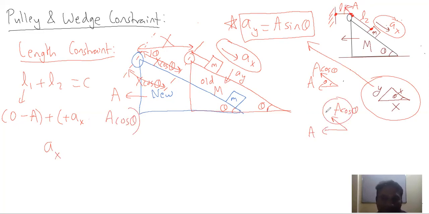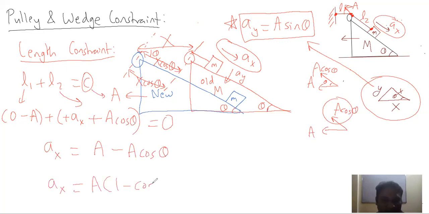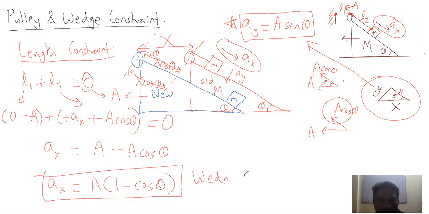So the acceleration component is up the incline, leading to increase in length. So plus A cos theta. Now derivative of constant is 0. So this is for L2, and derivative of constant is 0. So from this, I can say AX is A minus A cos theta. So AX comes out to be A bracket 1 minus cos theta. So this is the wedge pulley constraint equation.